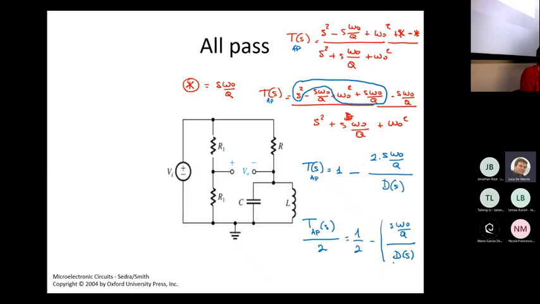Well, this part here of the transfer function, what kind of transfer function is it? There is just one s at the numerator, so it is a bandpass transfer function. So the transfer function of an all-pass is 1 over 2 minus the transfer function of a bandpass.